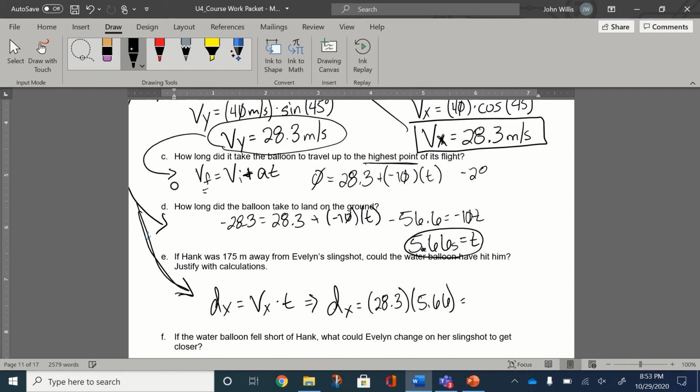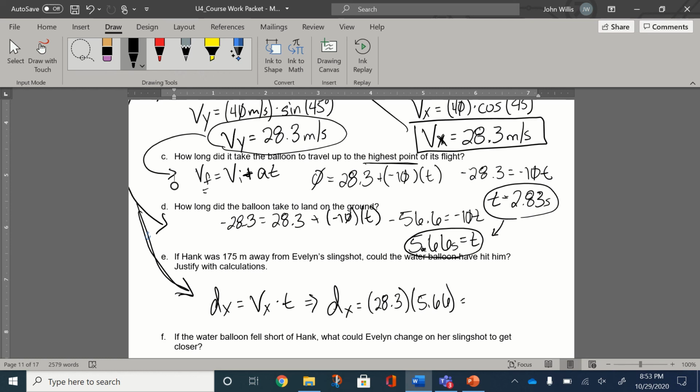I get negative 28.3 on this side is equal to negative 10t, right? 28.3 and 10 still are not like terms, so I cannot combine them. Now I divide both sides, and I get a time of 2.83 seconds to the highest point, which you'll notice is exactly half the total time, because it has to go to its highest position and then fall all the way back down to its lowest position.